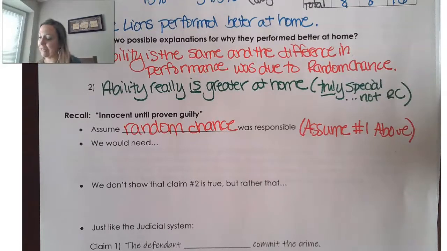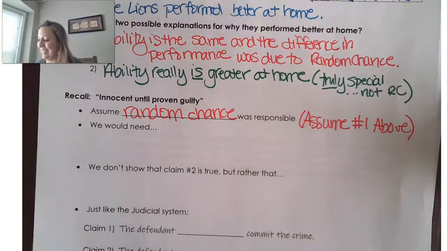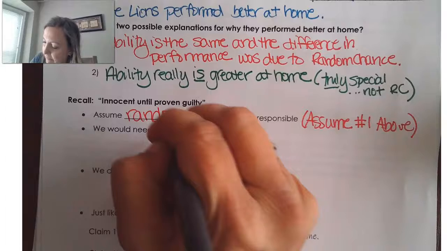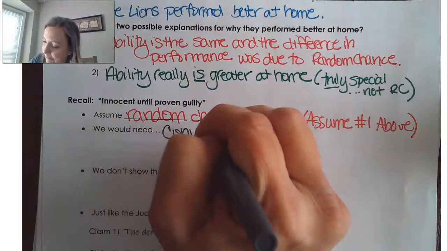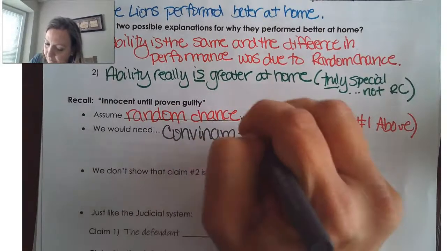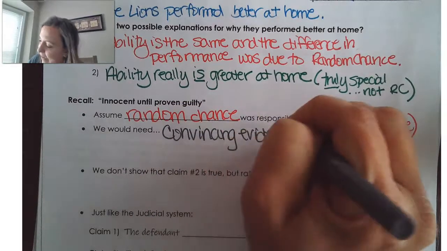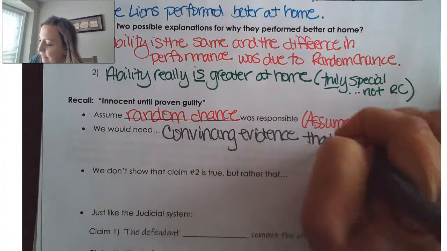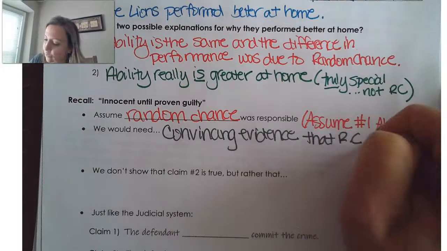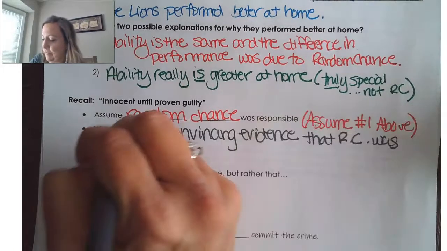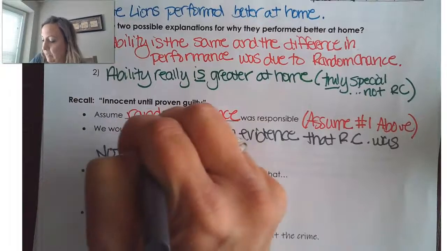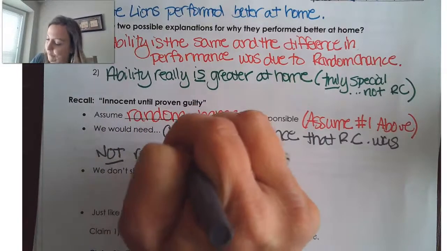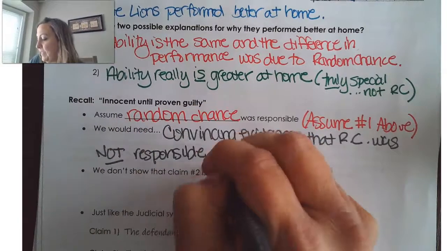What we would need is convincing evidence that random chance was not responsible in order to claim a difference in ability.